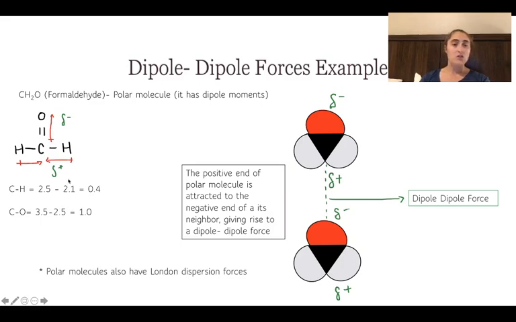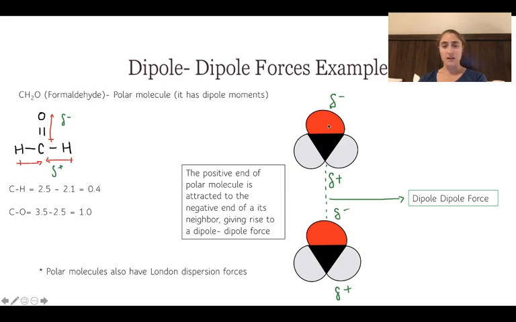Remember, dipole-dipole is not an intramolecular force, which would be looking at how this carbon and this oxygen are attached together. What we want to look at is two formaldehyde molecules attached to each other, because we're talking about intermolecular forces. Here I have my slightly negative end.